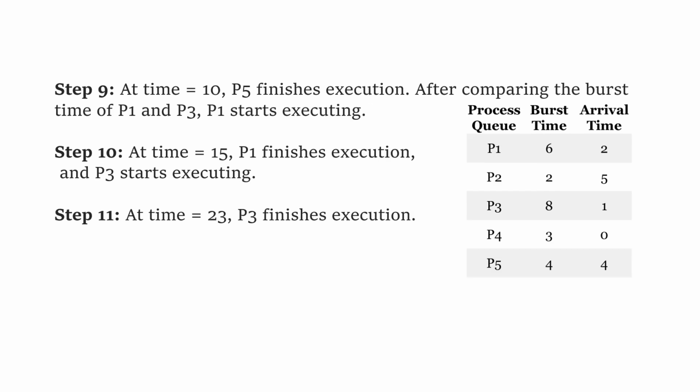At time 10, P5 finishes execution, and after comparing P1 and P3, P1 starts executing, and at time 15 P1 finishes its execution. Then P3 starts executing, and at time 23 P3 finishes its execution, since P3 has a burst time of 8.